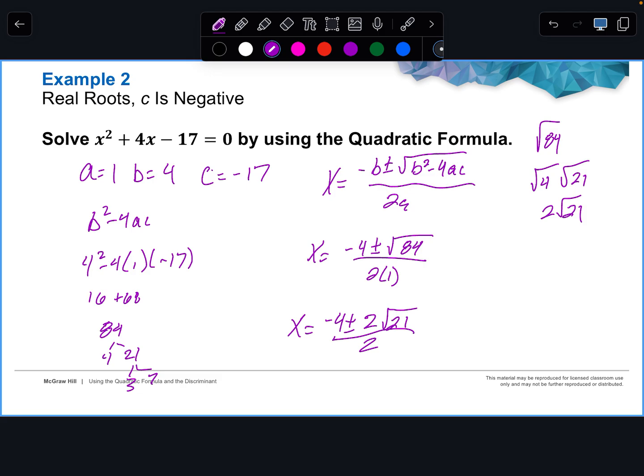So I can divide everything by 2 or factor out the 2 and I get x equals negative 2 plus or minus square root 21. And that's my exact answer. Questions? Okay.